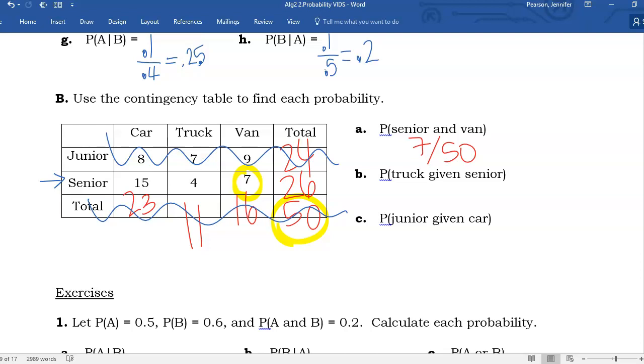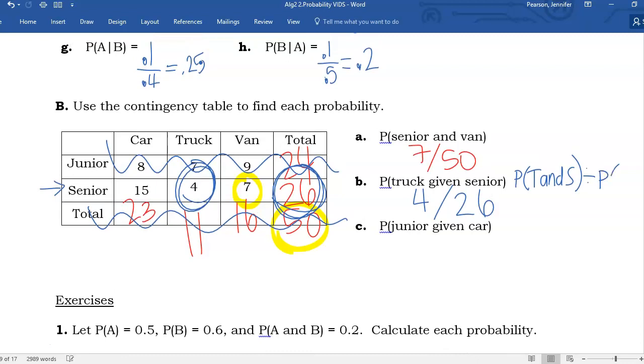I'm looking at how many of them drive trucks out of how many altogether. 4 out of 26. Now remember, that's the probability of being a truck and senior, the 4 out of just the senior. I'm going to write that. I should have written that first: the probability of truck and senior divided by the probability of senior.